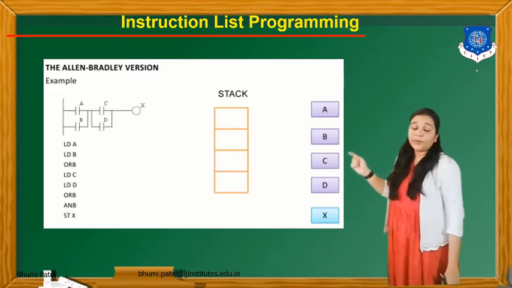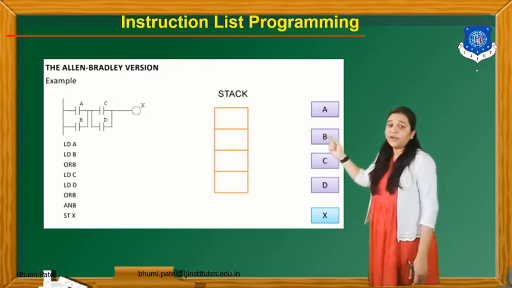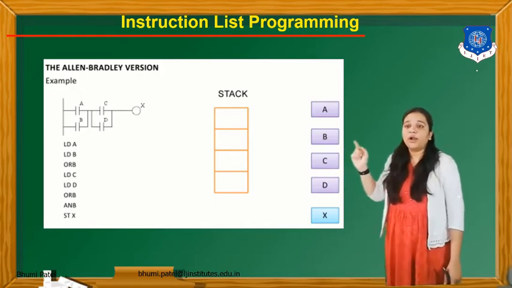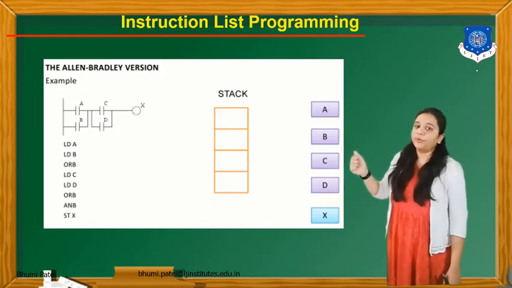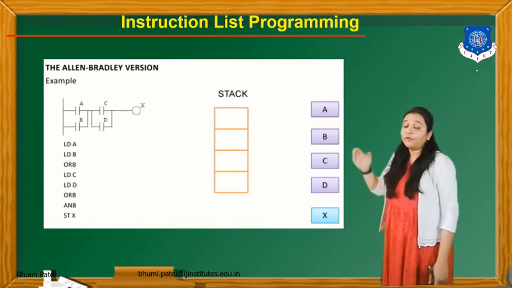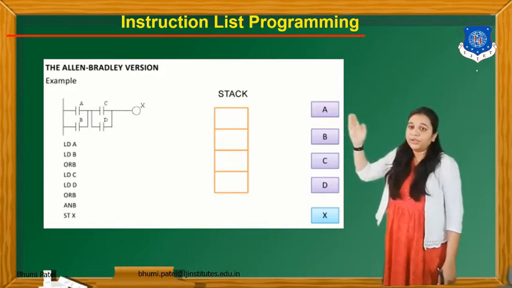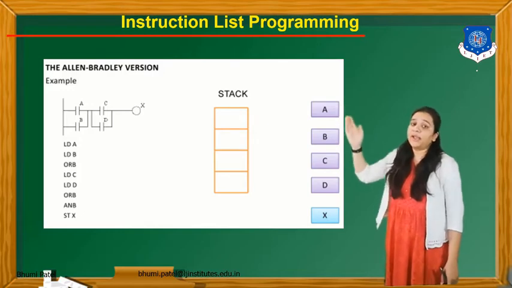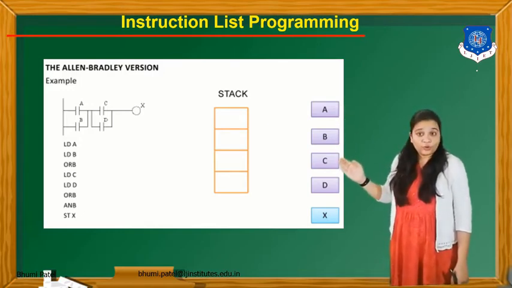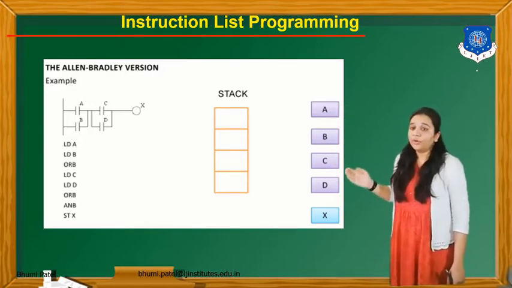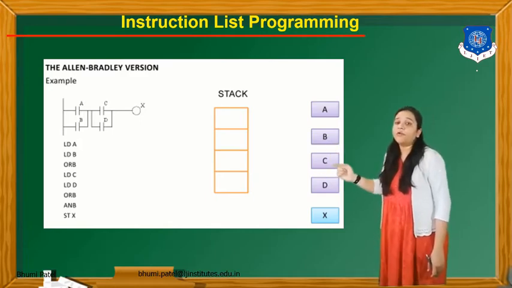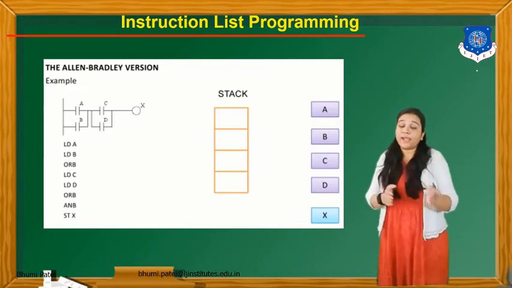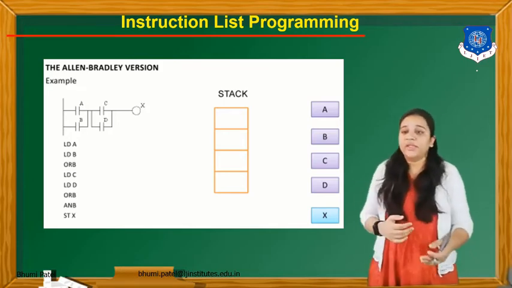Here the program is given first in the ladder format: A or B, C or D, and we get the output X. First of all, we have to load the A input, then load the B input, then OR A and B, then load C, then load D, and then OR C and D, and then we have to AND the two results.